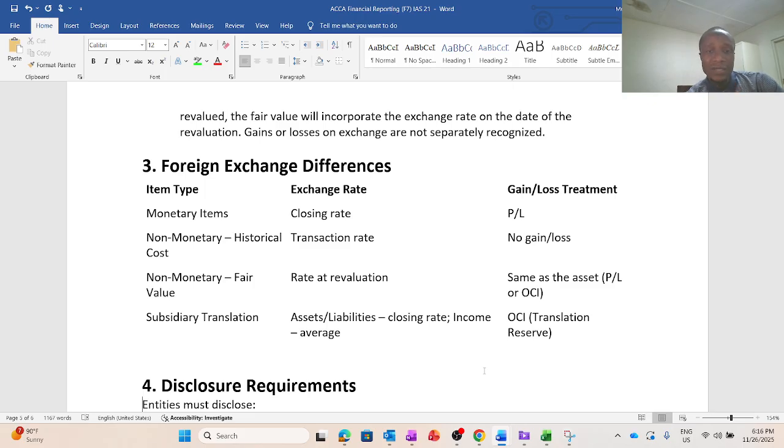This is the only time that we are going to use the average rate to translate expenses or income. Other than that, for assets and liabilities, we are going to use the closing rate, the spot rate. But for income and expenses, we are going to use the average rate. Then the difference will be taken to the OCI, the translation reserve.